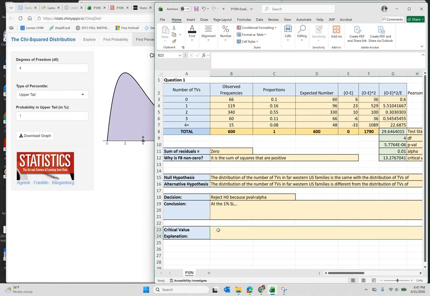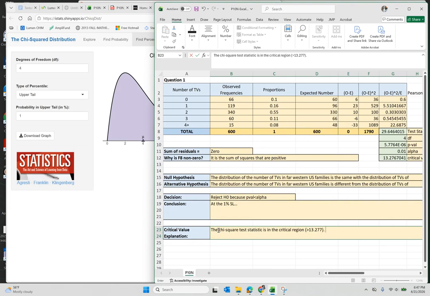So here you want to write something of the form, the chi-square test statistic is in the critical region, which means it is greater than the critical value of 13.277.